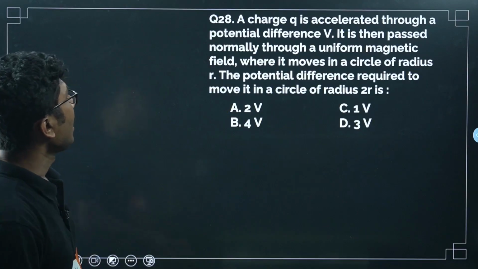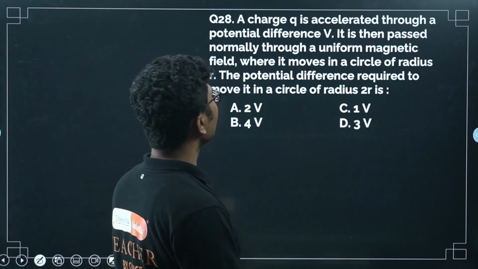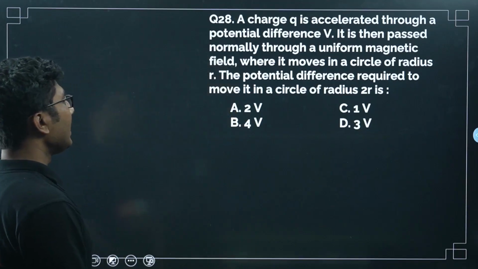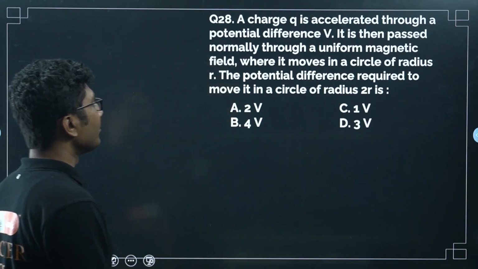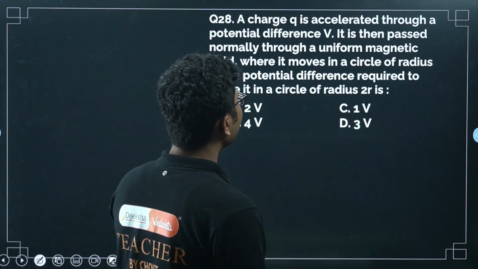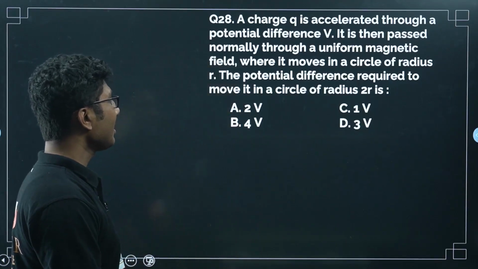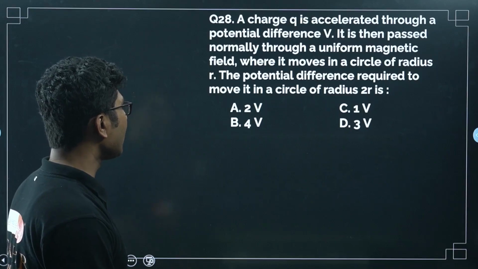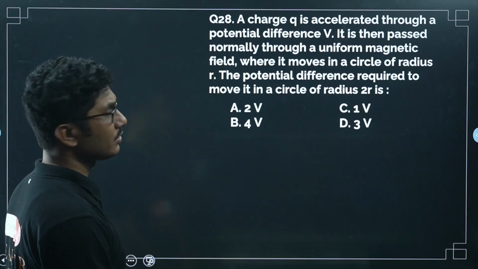Next question. A charge Q is accelerated through a potential difference V. It is then passed normally through a uniform magnetic field where it moves in a circle of radius R. The potential difference required to move it in a circle of radius 2R is.